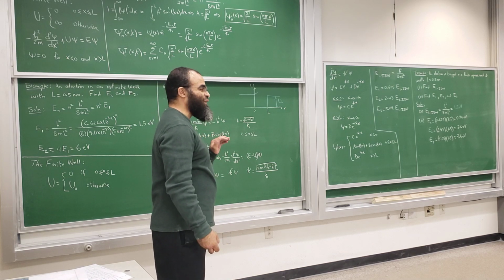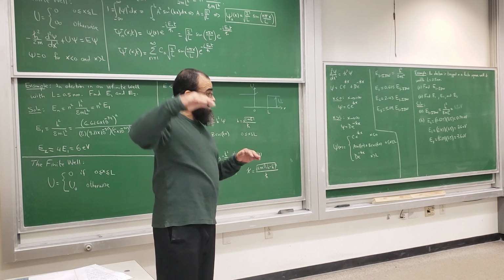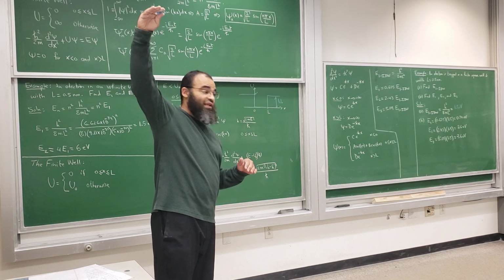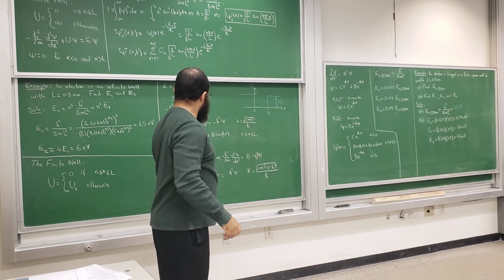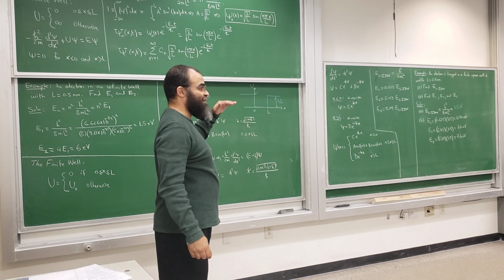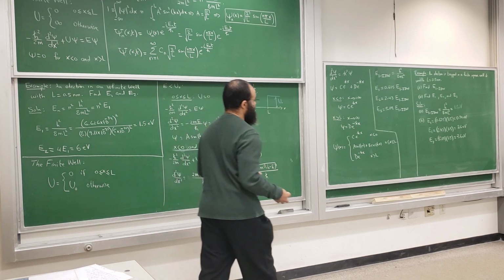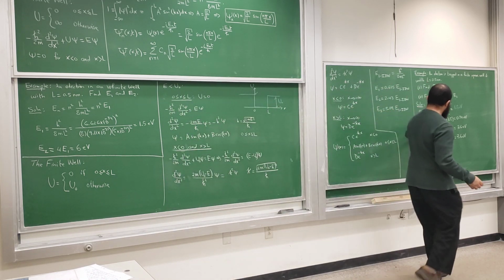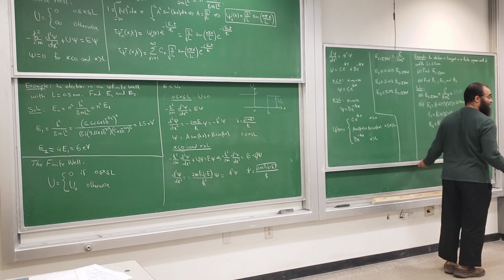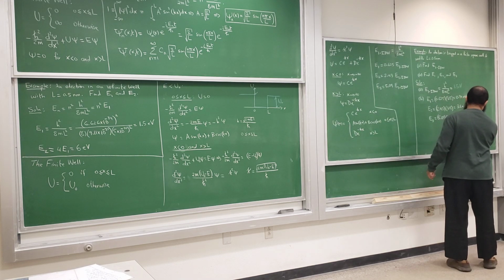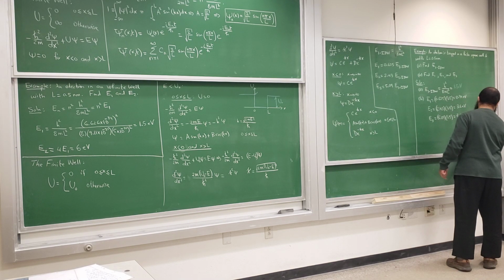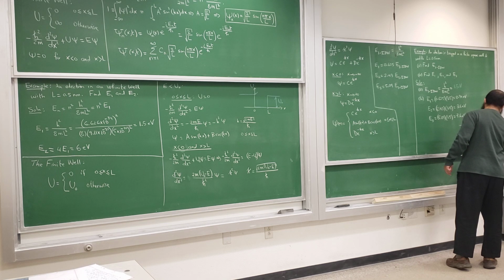Yes and no. In classical physics, yes, the highest energy level you can attain is that. But in quantum, the energy levels are discrete. It may or may not match. For example, let's say U naught is 9 eVs. This is U naught.